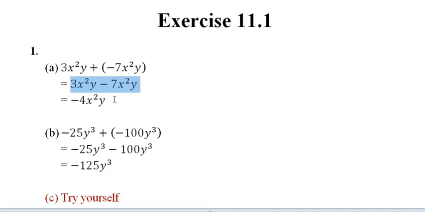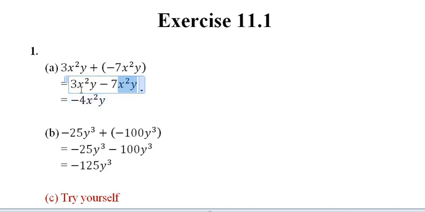But before we continue further, we have to look at the variables, whether they are the same or not. If the variables are the same, we can continue, but if they are not the same, we cannot proceed. Since the variables are the same, that is x square y and again x square y, we can do mathematical operations here.